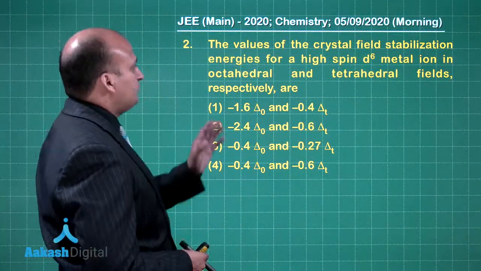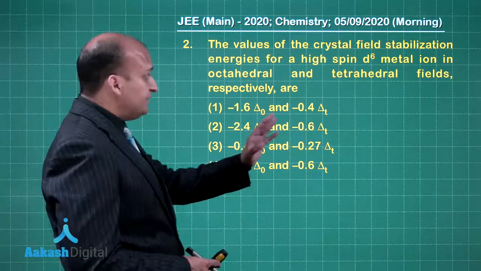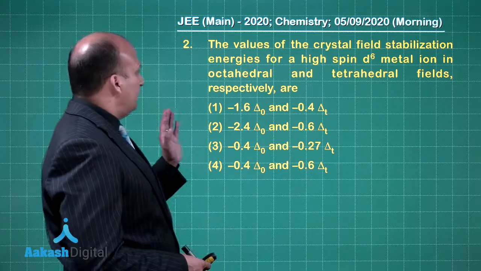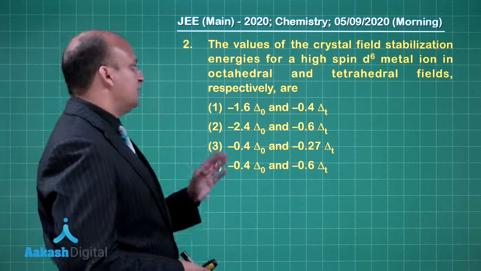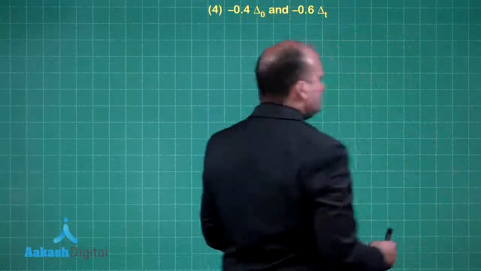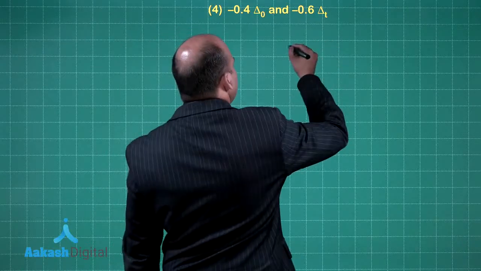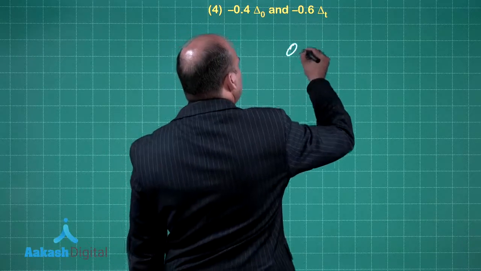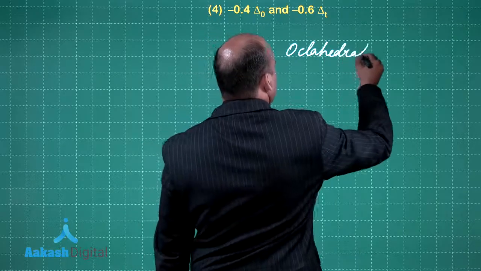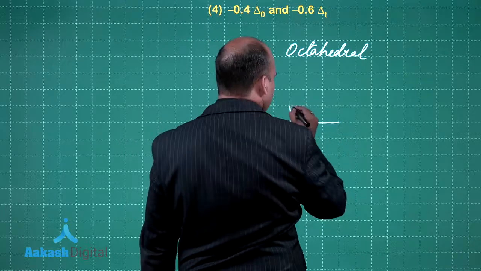The values of the crystal field stabilization energy for a high spin d6 metal ion, which means there are 6 electrons in the d orbitals, in octahedral and tetrahedral fields respectively are. So, how do we solve this question? Let us first have a look at the octahedral field. How does the splitting of orbitals take place?